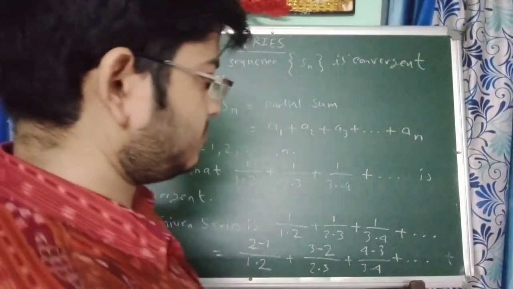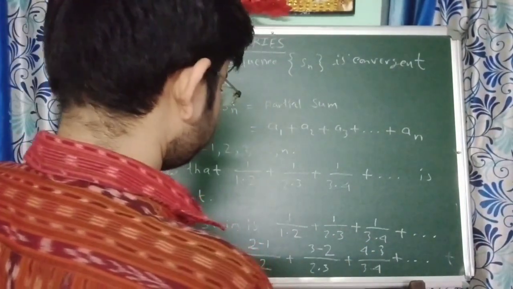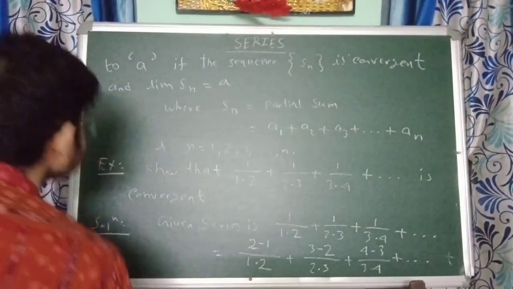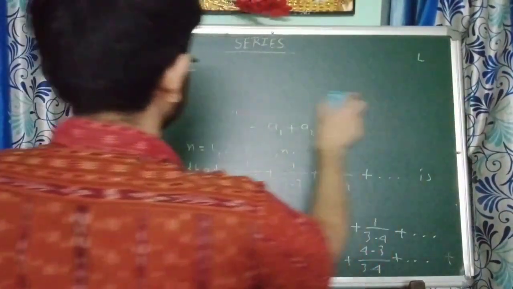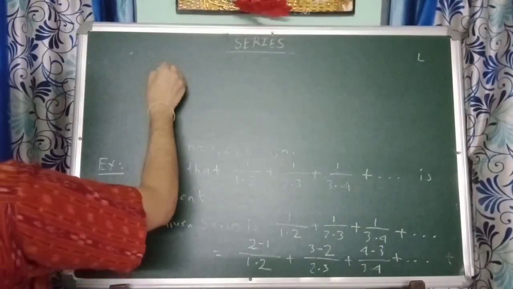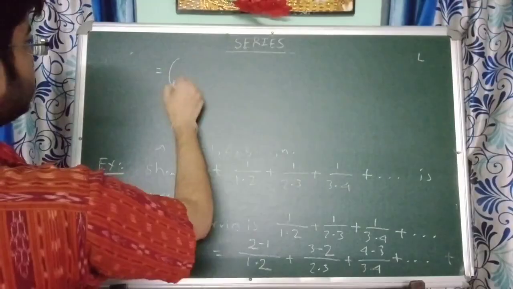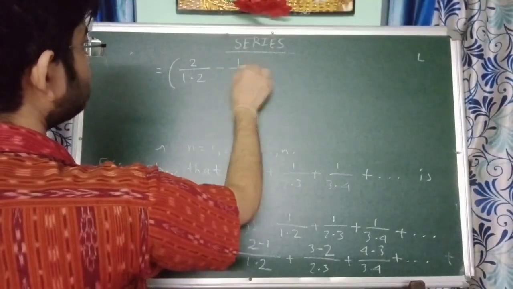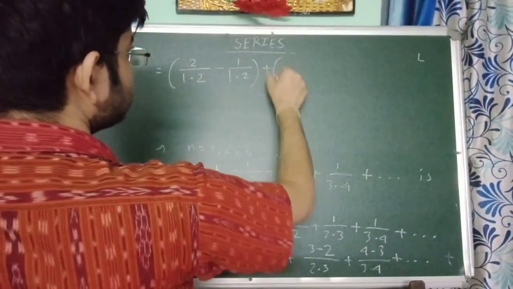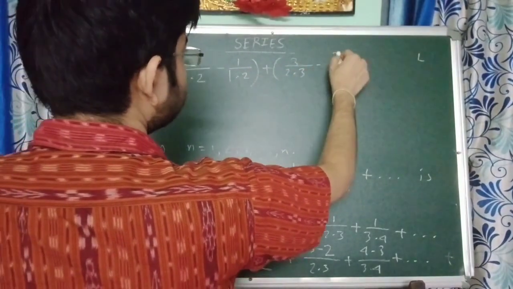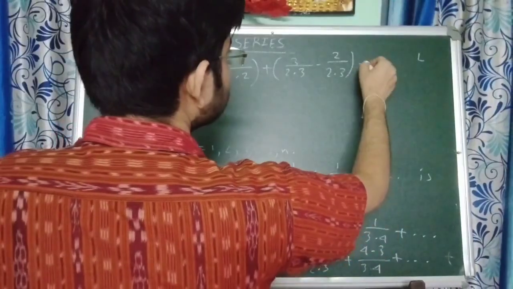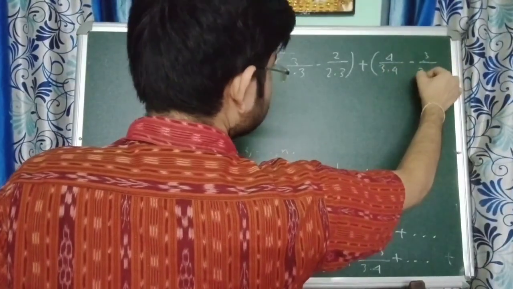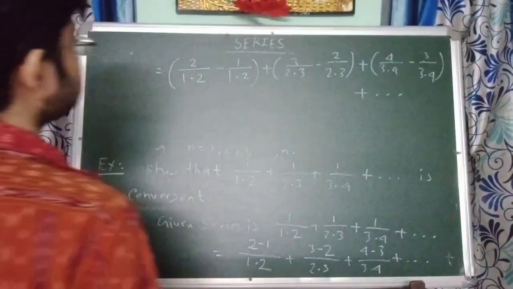Basically we find a common pattern for solving these kinds of problems. So we have 2 by 1 into 2 minus 1 by 1 into 2, plus 3 by 2 into 3 minus 2 by 2 into 3, plus 4 by 3 into 4 minus 3 by 3 into 4 and so on.